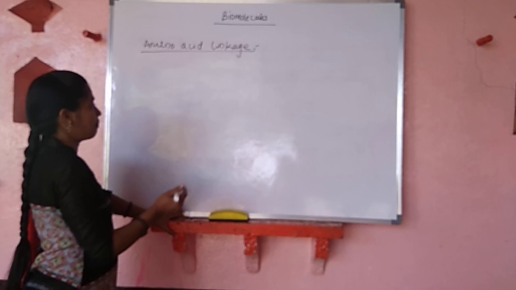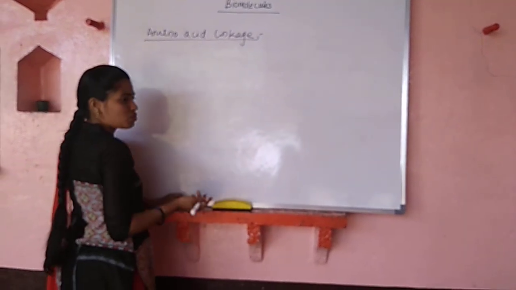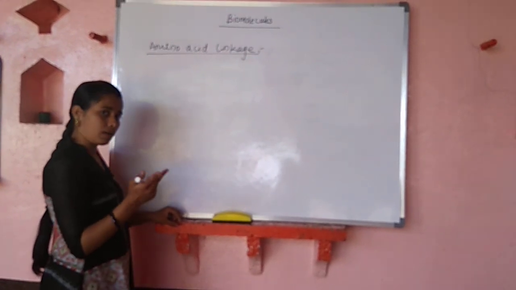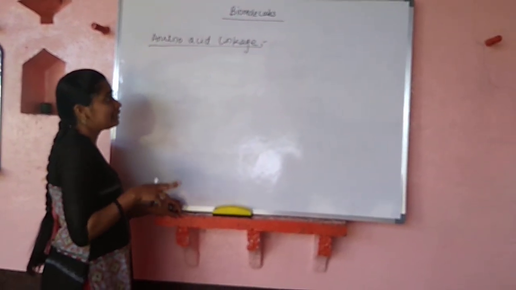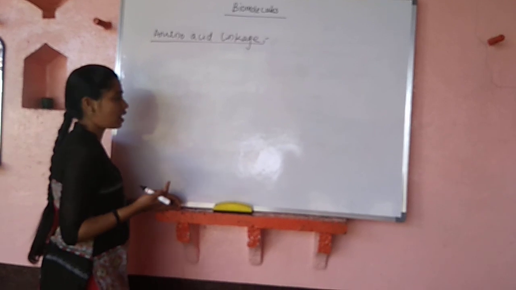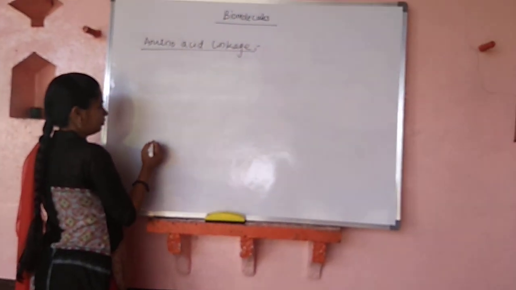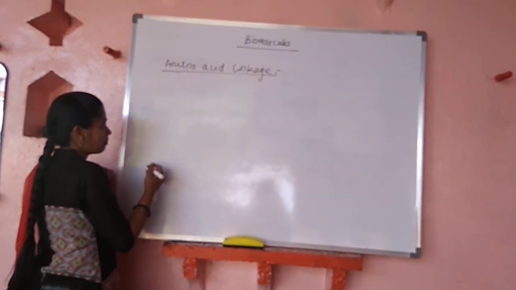Through that, it will lose one water molecule and it will form the linkage between two amino acids, and that linkage is called a peptide bond. So I will show you how. See here, I will take the example of amino acid.